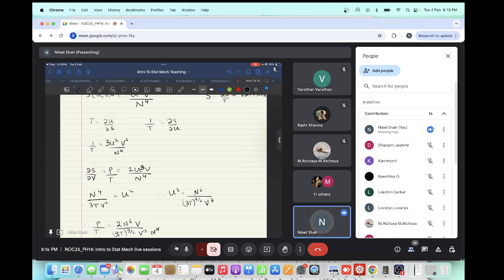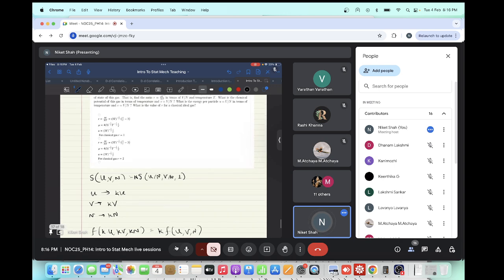So this becomes 2, this becomes 2. So 2 n square divided by v 3t or 3 by 2 is equal to p by t.